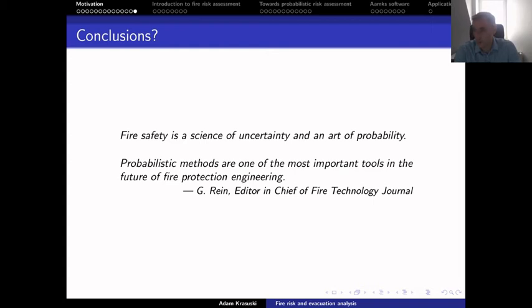So in order to evaluate the safety efficiently, we should consider the probability of a given fire scenario, and having in hand also the tools for measuring consequences, we may calculate risk, which might be defined as the probability that a given type of consequences occur.